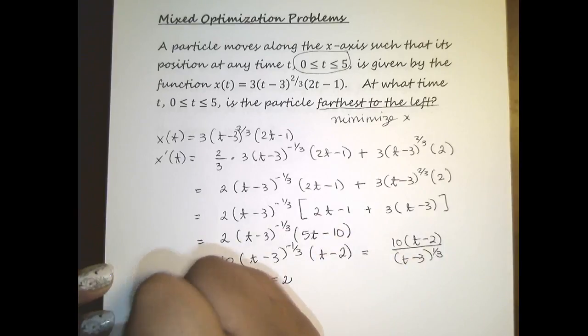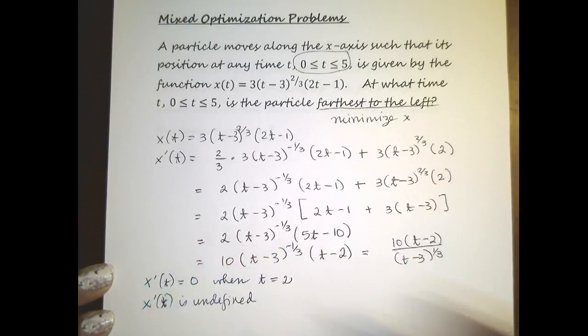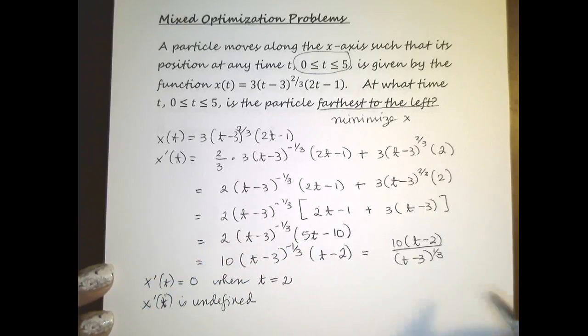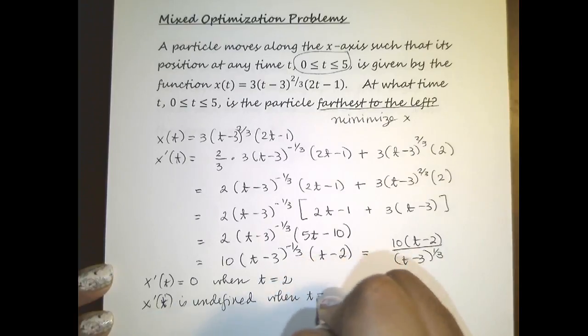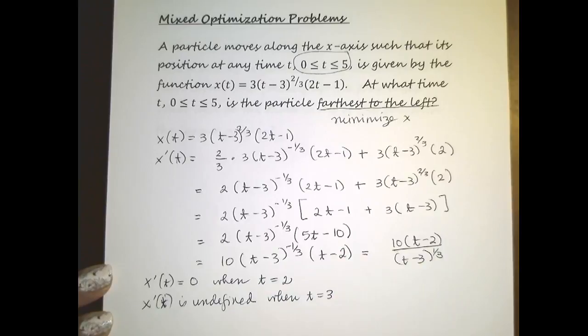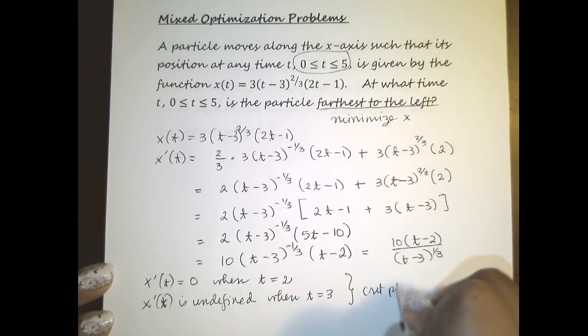And x prime of t is undefined, which we have to check in this case, when t is equal to 3. Both of those numbers are on the interval from 0 to 5. So critical points at t equals 2 and t equals 3.